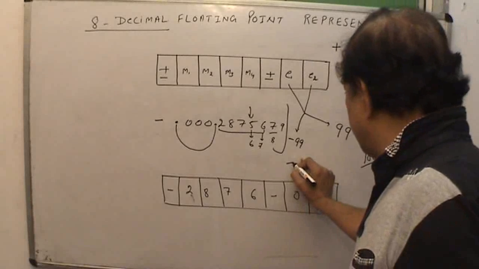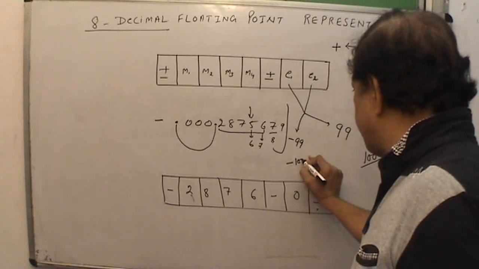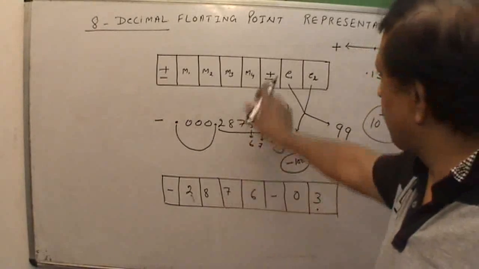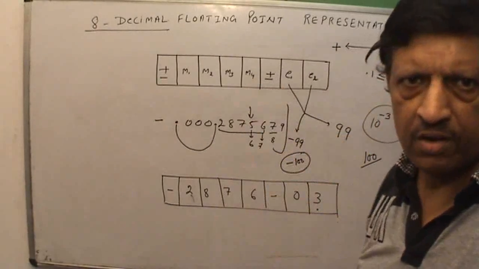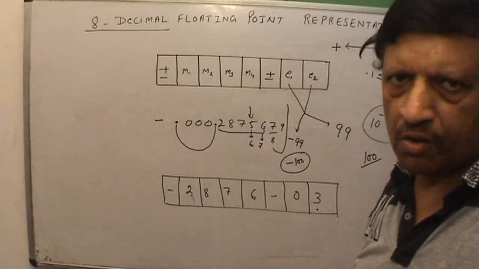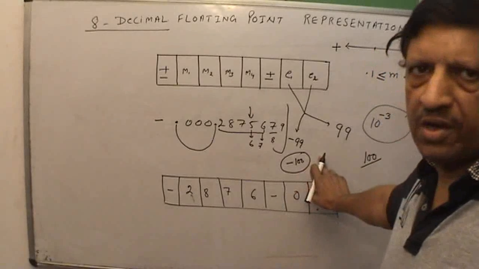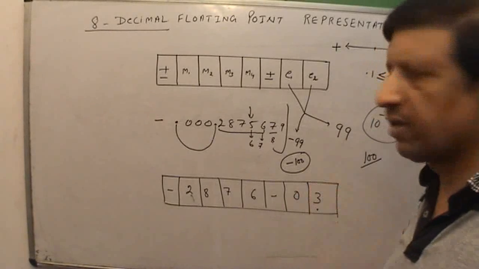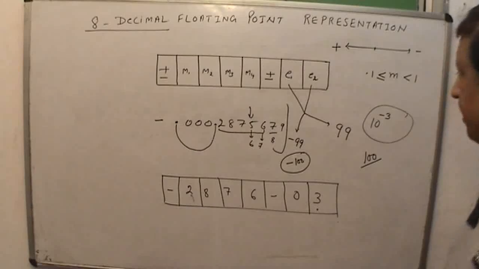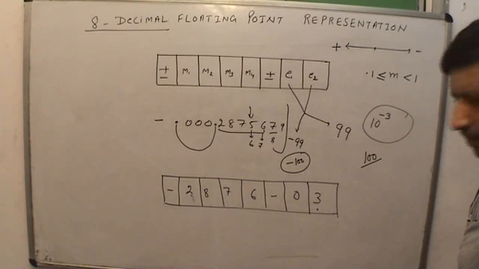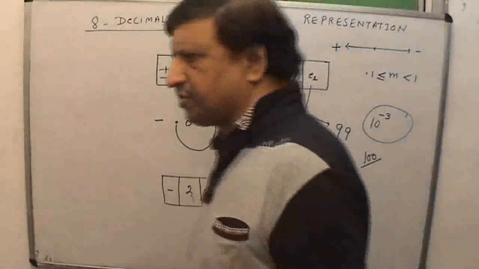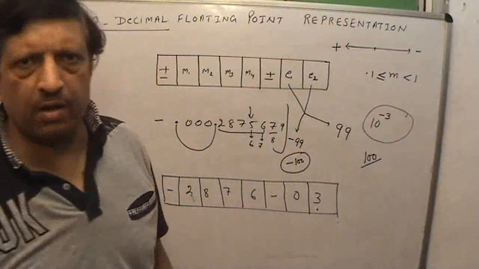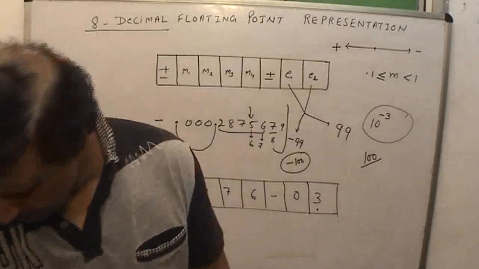Similarly, if the exponent is minus 100, our system will not store it, and it will not show any calculation, and that will create a complex situation for the system. Then how do we control this situation? We control this situation by saying it is the overflow and the underflow of a computer.